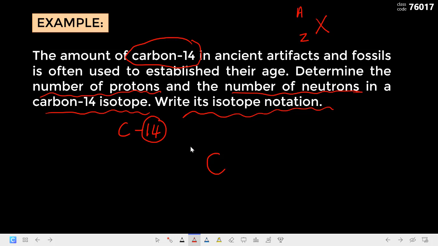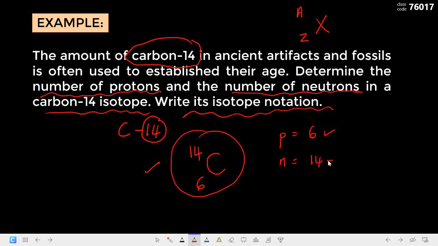Okay, proton number kena tengok pada periodic table. Okay, 6. So this is isotope notation. Okay, berapakah number of protons? Number of protons is 6. Number of neutrons is 14 minus 6, which is 8.